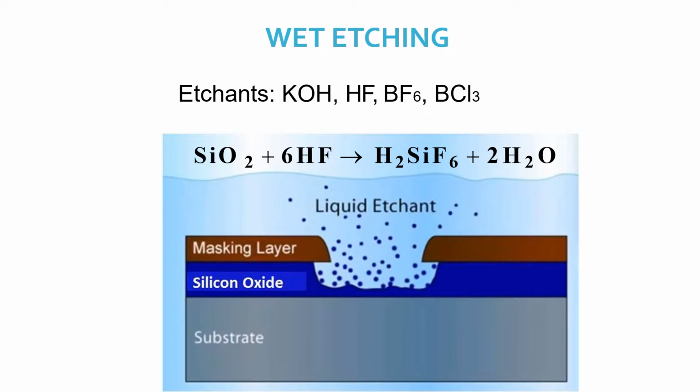Here is the example of wet etching. If you can see, there are three layers: the masking layer, which is the resist, and then the silicon oxide and the substrate.